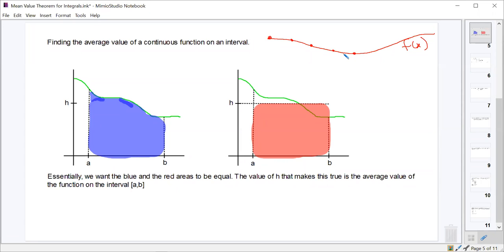Well, that value is not actually correct if you have a continuous function where it's varying between those data points. And the more data points you have, the better the average is.